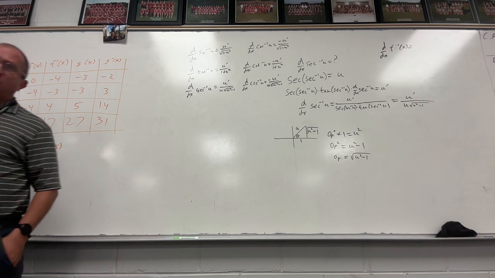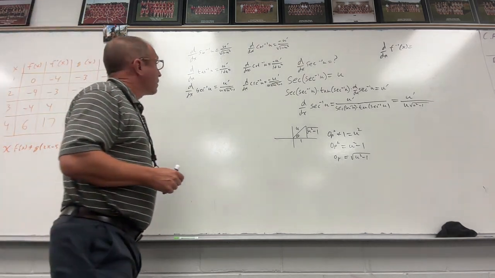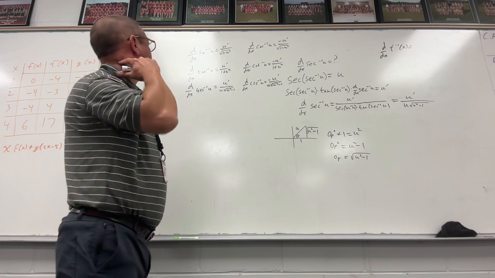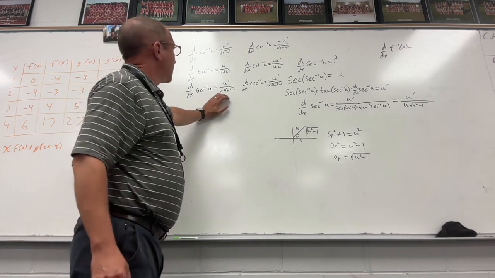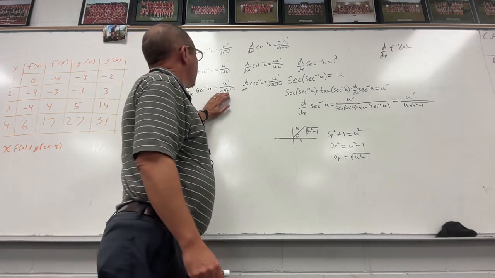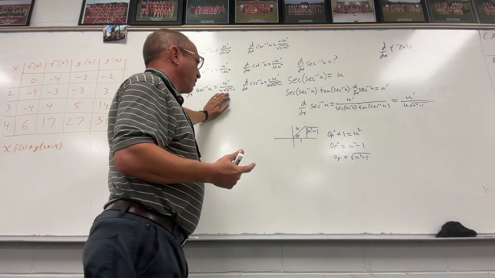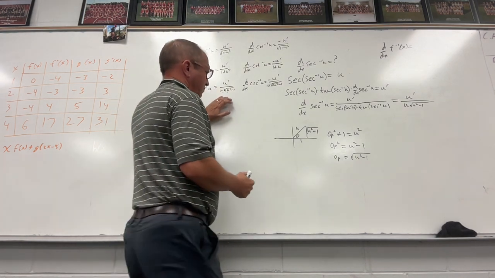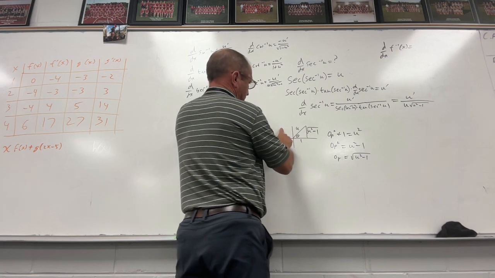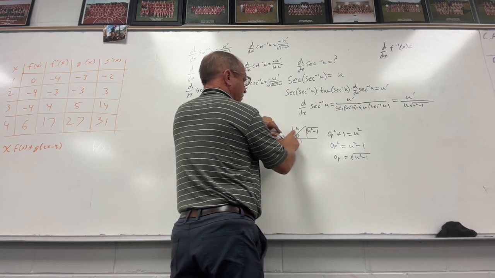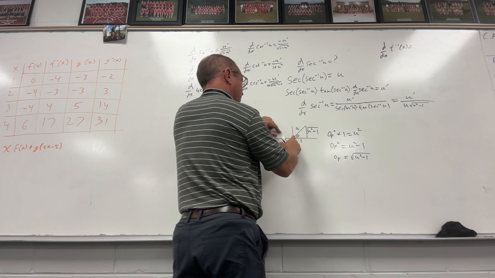Now, there's one little minor detail that's happening here that I need to add to it. I say it's a minor detail, but it needs to be done. When you get into this situation right here, when you take the inverse of trig functions, your first and second quadrant are where sine would be positive.